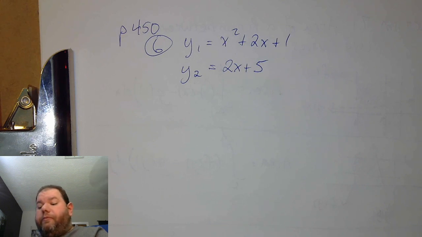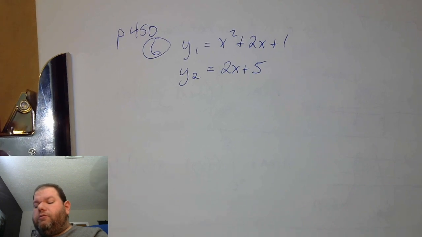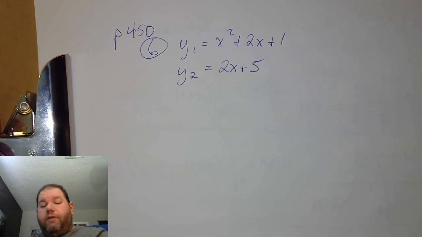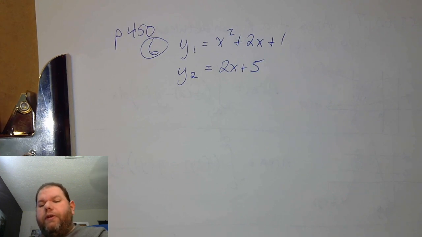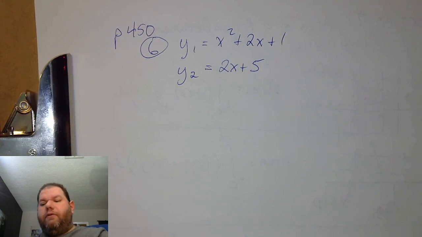Now, we're given a pair of functions. We have y1, or I guess technically they're equations. y1 equals x squared plus 2x plus 1, and y2 is equal to 2x plus 5.